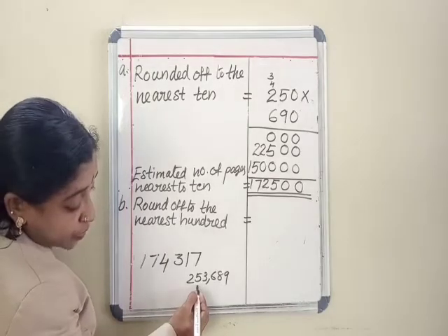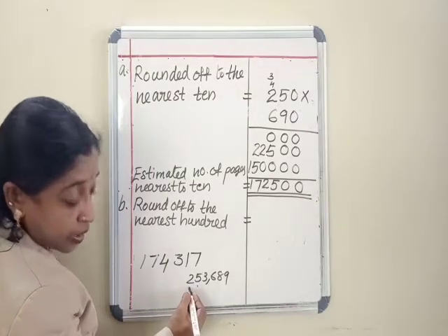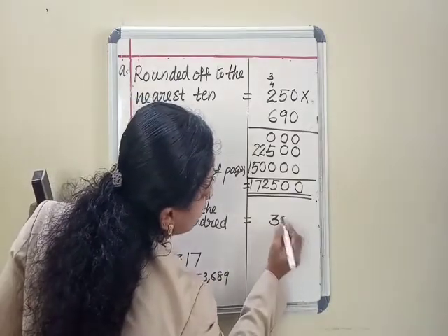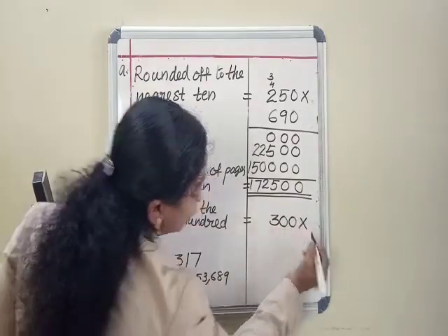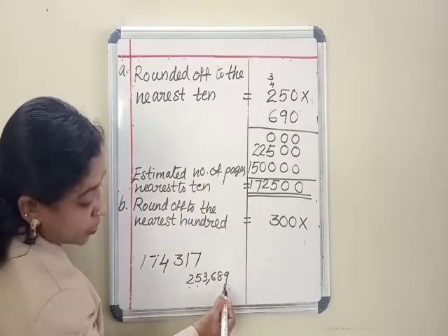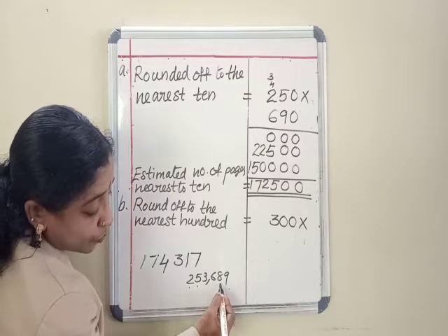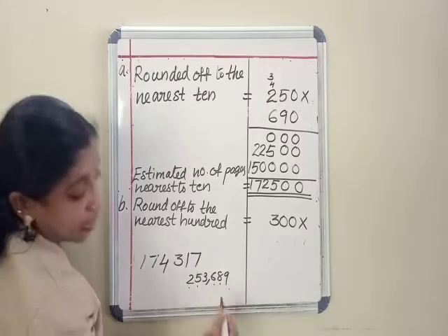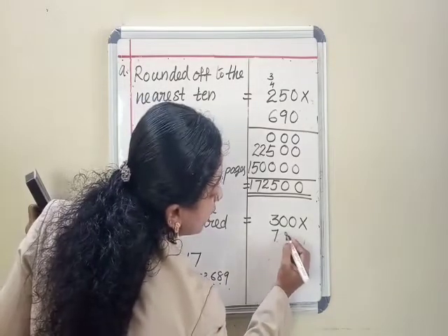Tens place number is 5, so we can add one more 100. Then this becomes 300. Next the number is 689 books. Here we have to round it off to the nearest 100, so the tens place number is more than 5, no? So we can add one more 100. 700.